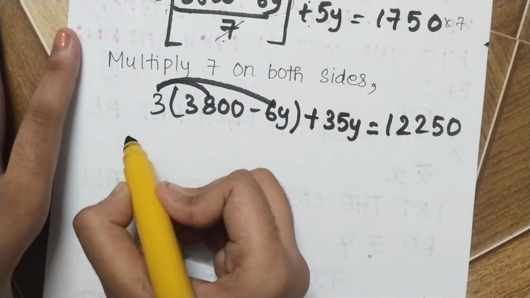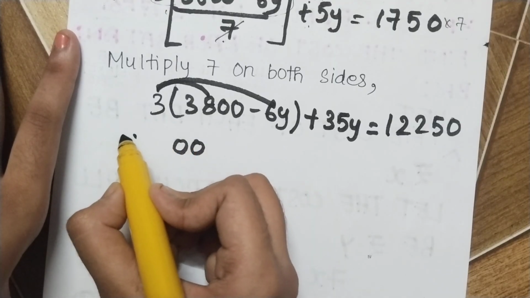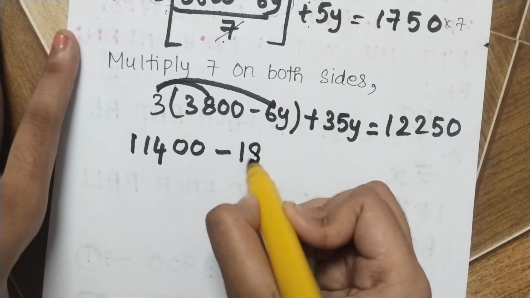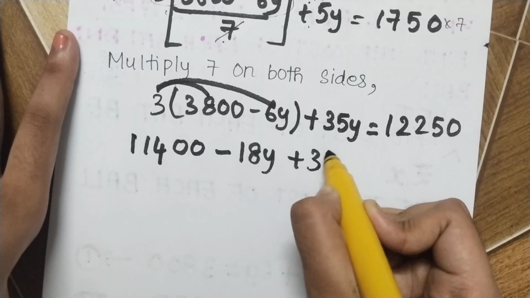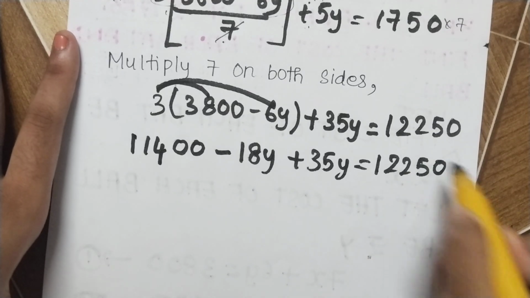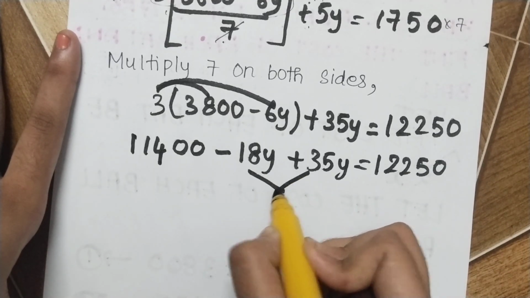Clear? So now I'm going to multiply this 3 inside. So if I multiply, I'll be getting 11400 minus 18y plus 35y is equal to 12250. Clear? So now simplify both.